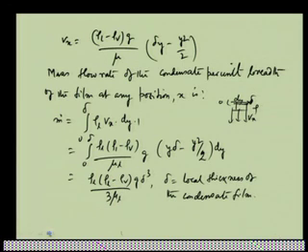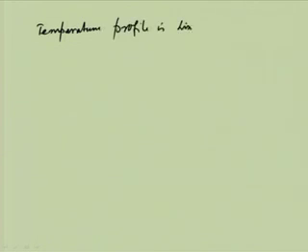Now, once we have got the expression for mass flow rate, if we try to find out the rate of heat transfer and the values of the heat transfer coefficient, then certain things we have to do. Let us assume that the temperature profile, as we have discussed, is linear.